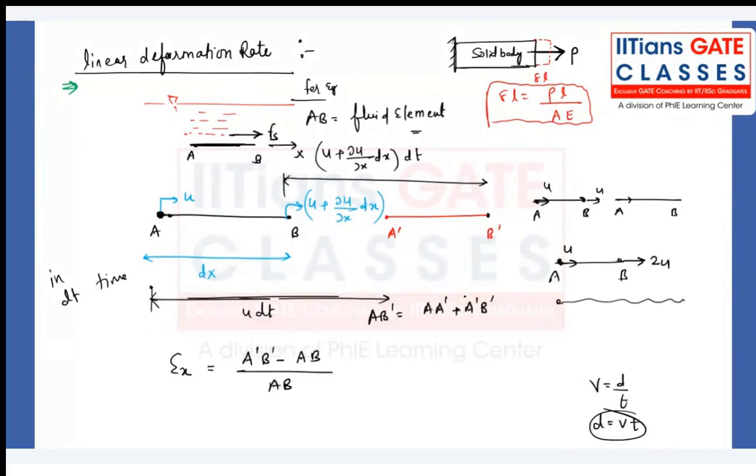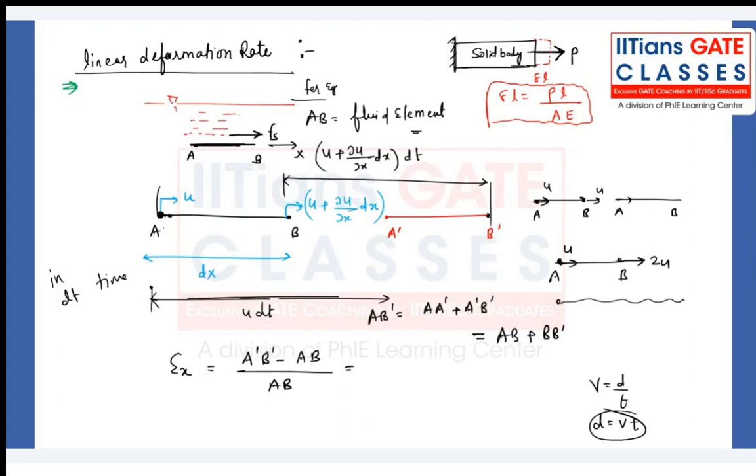Now whatever the A dash B dash is, that can also be written as AB plus BB dash. See, from here to here, how can we write the total length? AA dash plus A dash B dash, or AB plus BB dash. In both senses, we can write like this.